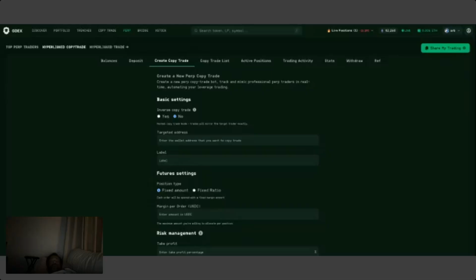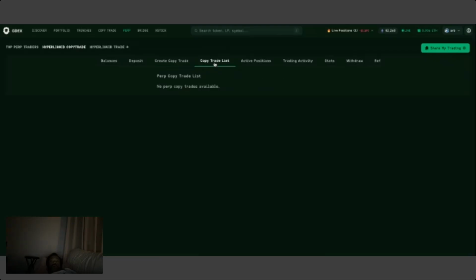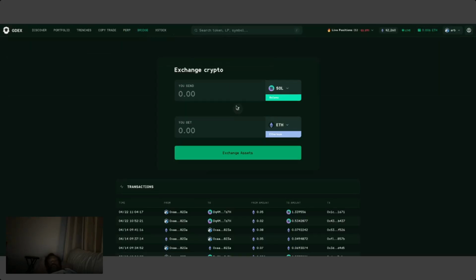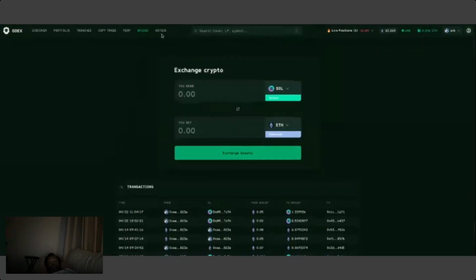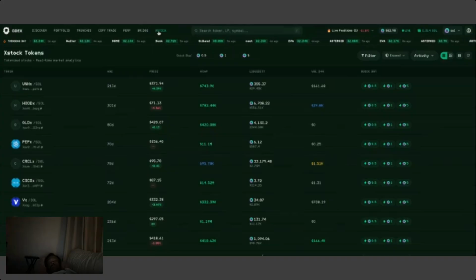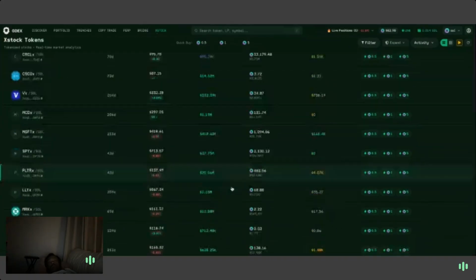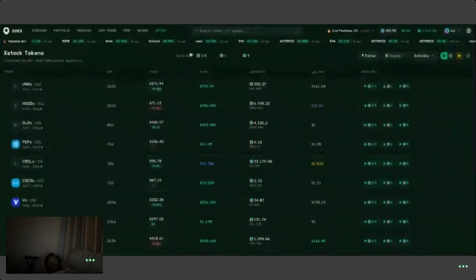Let's see here. And also bridge. You see all the bridges I've done. And you have X stocks, and we also have oil.